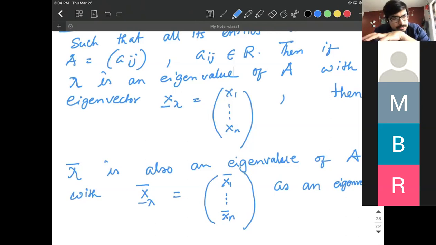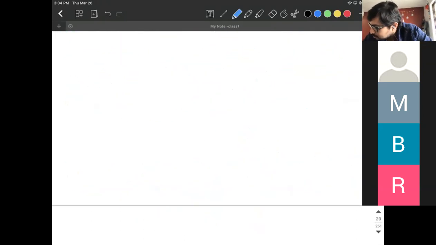So A is a matrix which has real entries. What this statement says is that if lambda is a complex eigenvalue, with this particular eigenvector, whose entries x1 up to xn could be complex numbers, then the complex conjugate of lambda is also an eigenvalue, and the vector where you take the complex conjugate on each component is also an eigenvector of A. It's not really difficult to prove this.